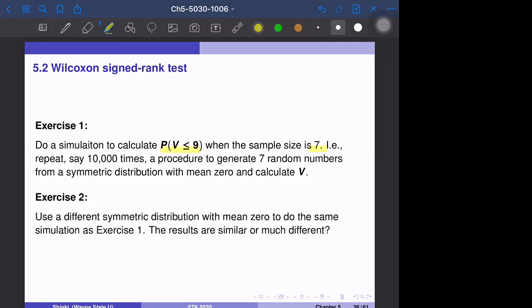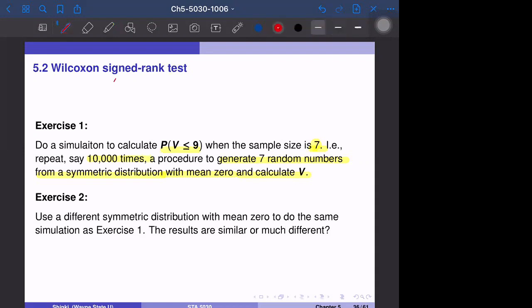So with 7 given, we should be able to calculate the sample distribution of V. How to do that? At first, generate 7 random numbers centered at 0, and then calculate V. Then we repeat this 10,000 times.